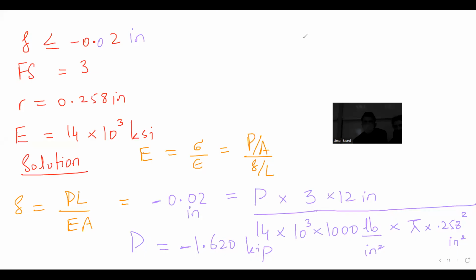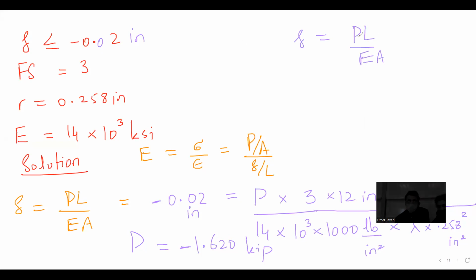If I'm doing a change in length equal to PL over EA, right? Now in the British system, it becomes very confusing. This is your pound force, LB.